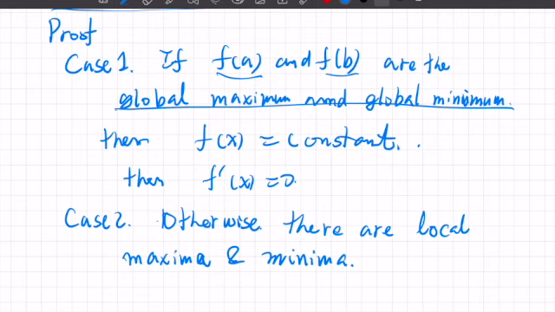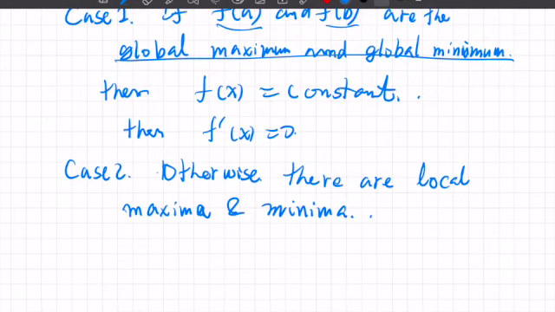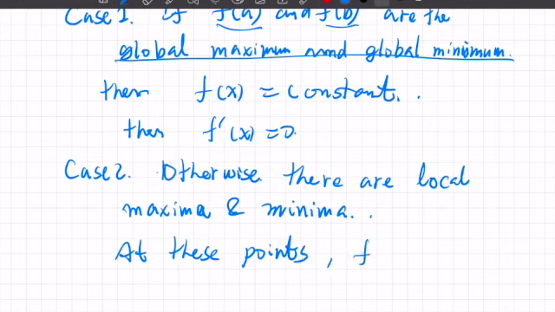At these points, from the previous theorem, we have the derivative of f is 0. So that's done.